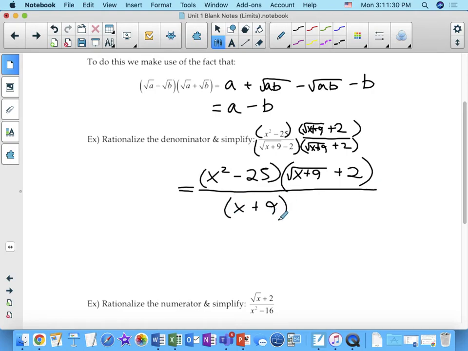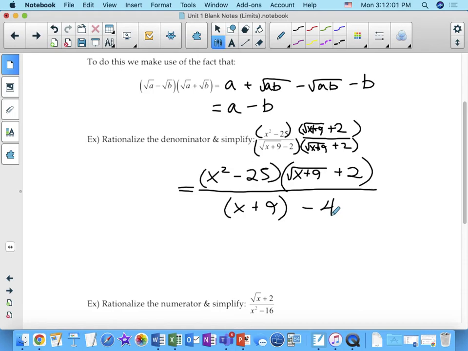And then we get negative 2 times positive 2, which is minus 4. Because this takes the format of a difference of squares, we know those middle two terms are going to cancel out, so we're not going to worry about them. Now, x plus 9 minus 4 is going to become x plus 5.